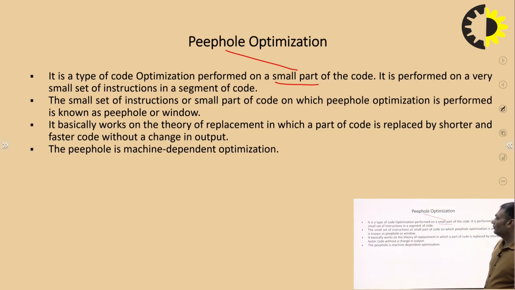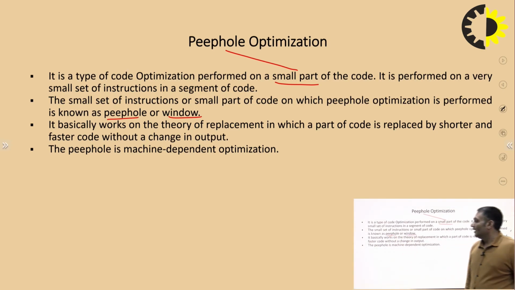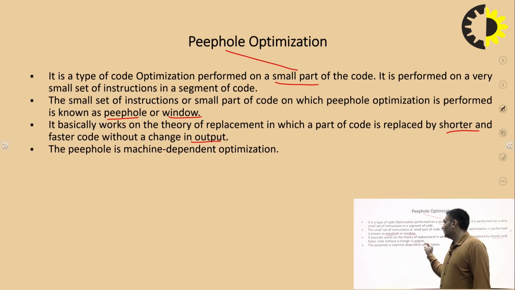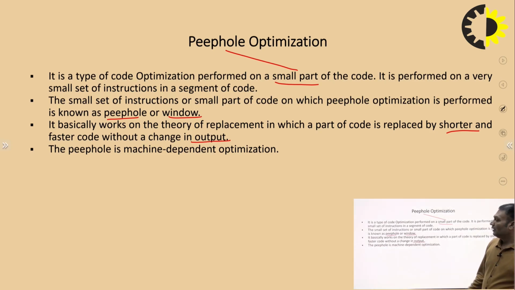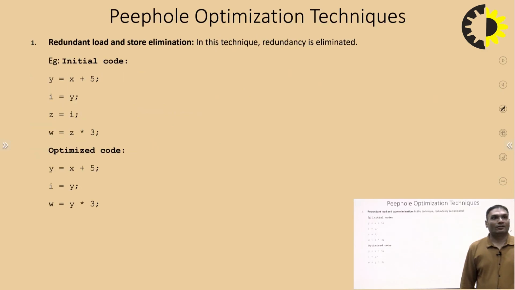The small set of instructions on which peephole optimization is performed is called a peephole or a window. It basically works on a theory of replacement in which a part of code is replaced with shorter and faster code without changing its output. And as I've told you, this is a type of machine dependent optimization.